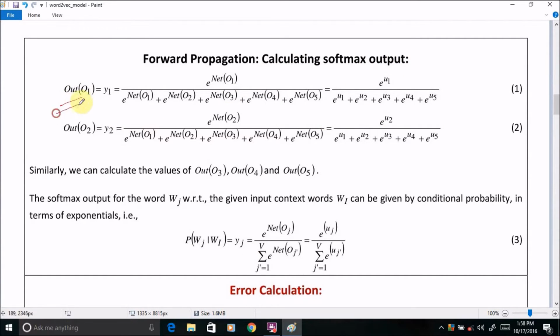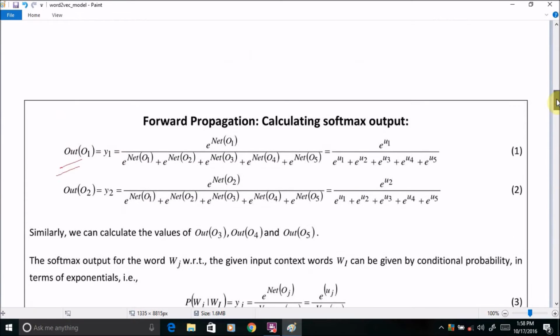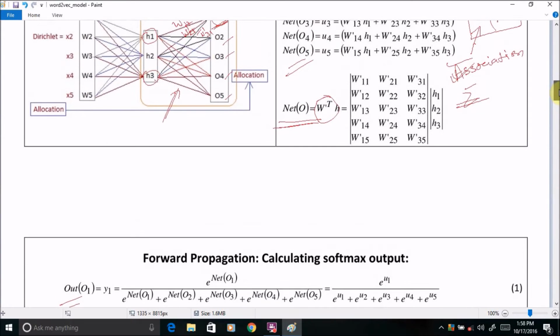The softmax output for any node O1 we can represent through variable y1, and it can be given as e to the power net O1.